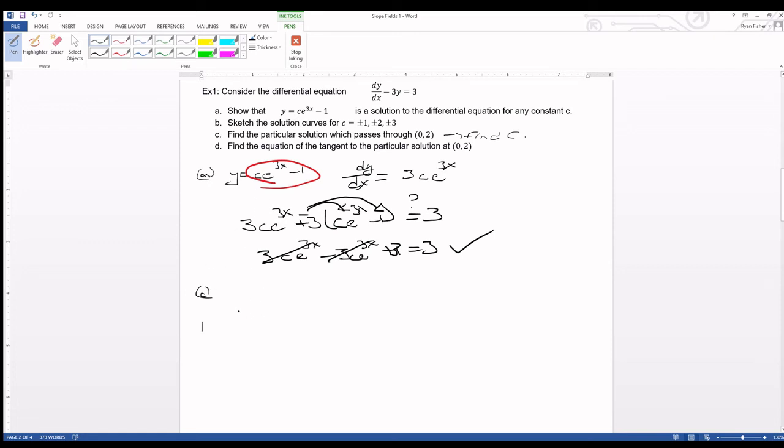So for the point (0, 2), y is 2. I don't know what c is, but x is 0. So 2 equals c e to the 0, which is 1, minus 1. Add 1 to both sides, and you get c equals 3.